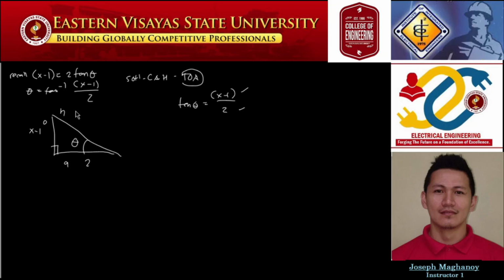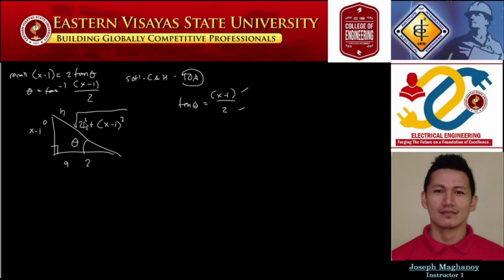Therefore, you can determine your hypotenuse using the Pythagorean theorem. Okay, so that is the square root of 2 squared plus the quantity x minus 1 squared. So that is the value of your hypotenuse from your Pythagorean theorem.